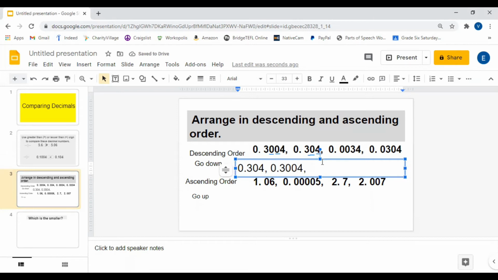The third largest number is between 0.0034 and 0.0304. Let us scrutinize those numbers. Let us go back here, guys. The first digit here is 0, and the first is 0 here. The second is 0, and the second is 0.